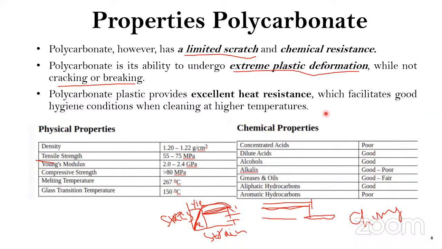It means if you apply some temperature, they are quite heat resistant, so we can use them for your biomedical field and for sterilization purposes also.